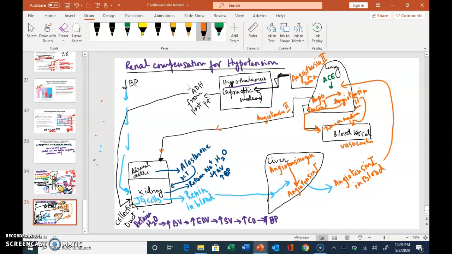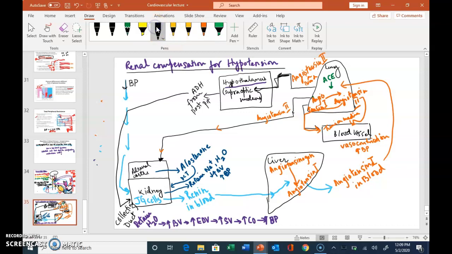If there is vasoconstriction, what happens to the blood volume ultimately? Well, vasoconstriction will lead to increased blood pressure.